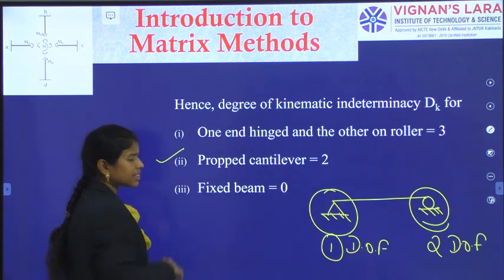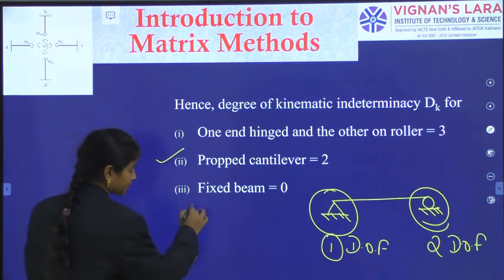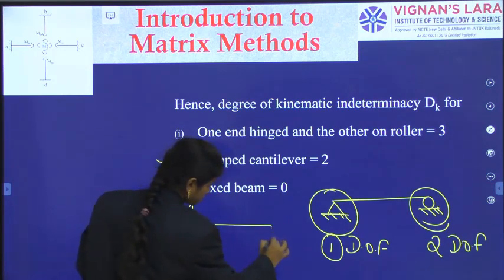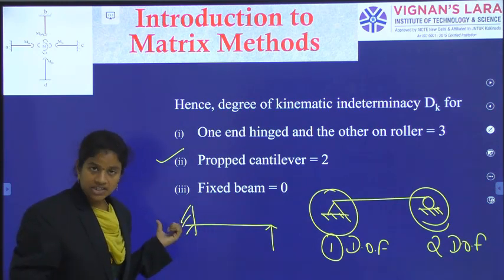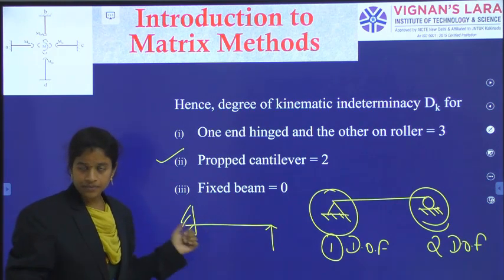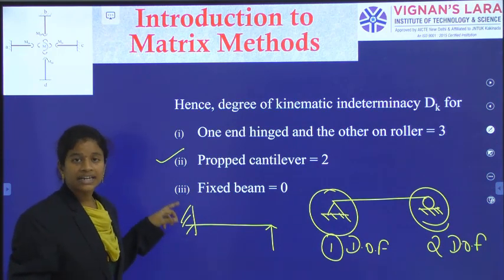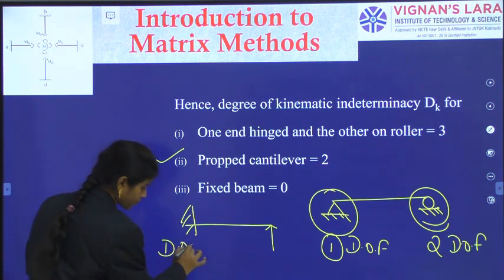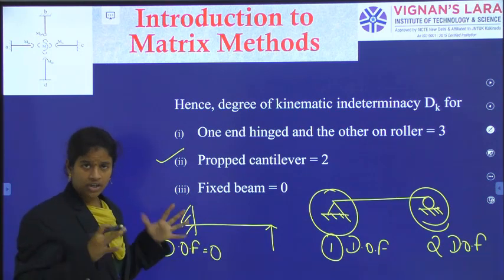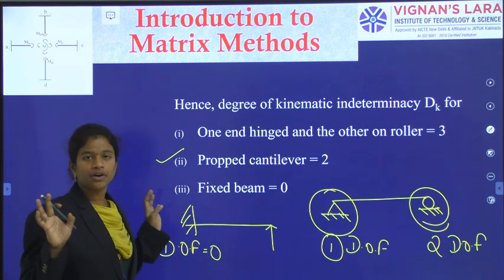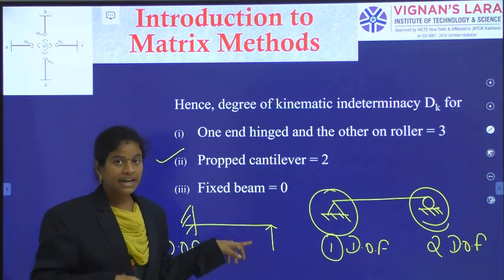And then, the propped cantilever beam. As the end is fixed, it is not showing any displacement, so there is no degree of freedom. The degree of freedom is 0 because it is not showing any displacement. There is no freedom for the body. But here, the other end has a freedom.